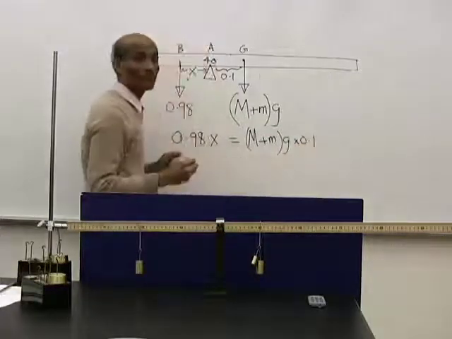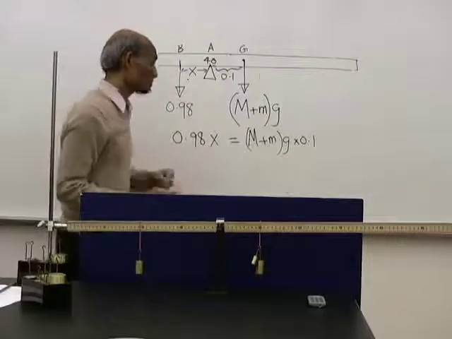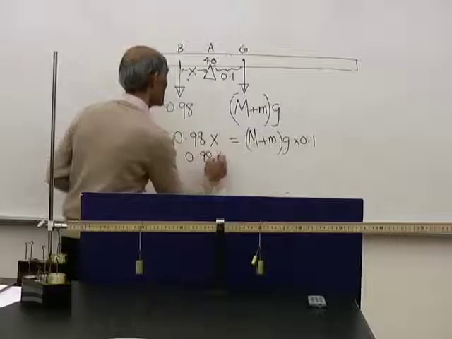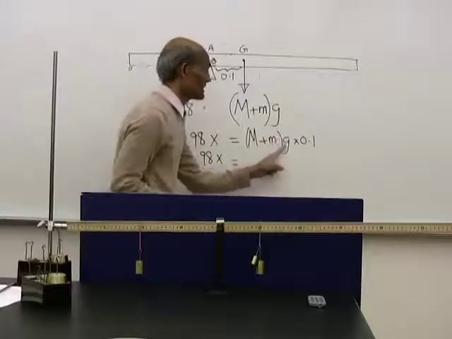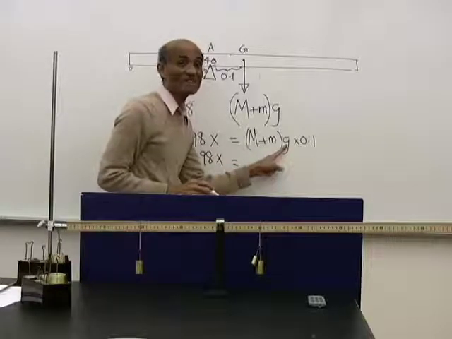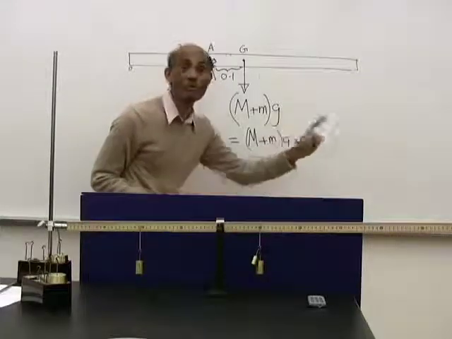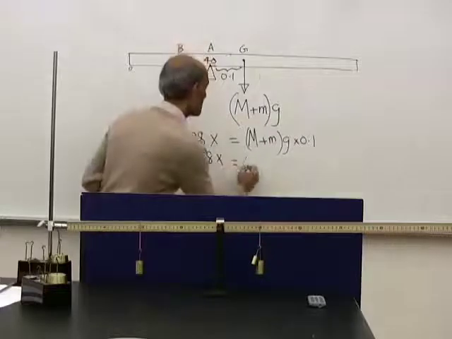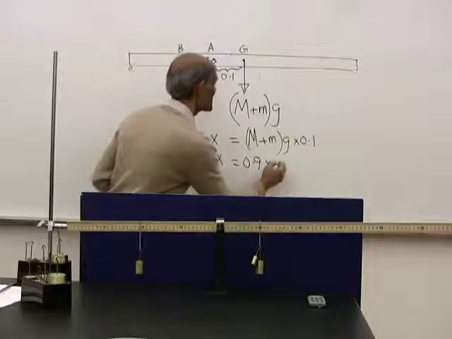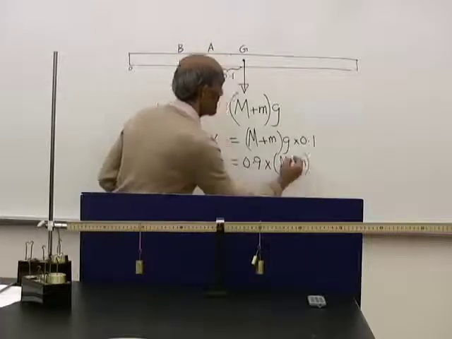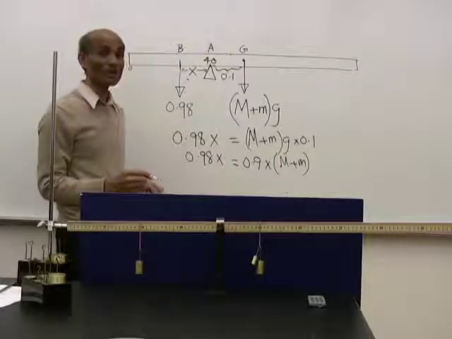There you are. Now, I'm going to rewrite this like this. It will be 0.98x equal to, if g is 9.8, 9.8 times 0.1 is 0.98. That will be 0.98 times big M plus small m. Isn't that a good equation?